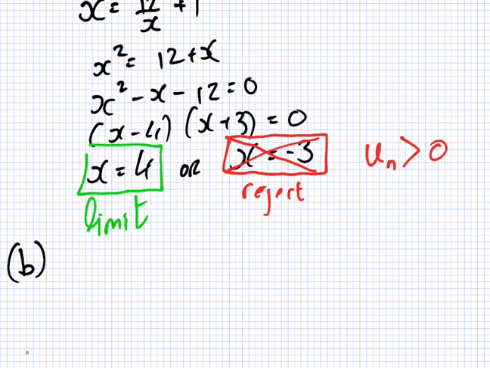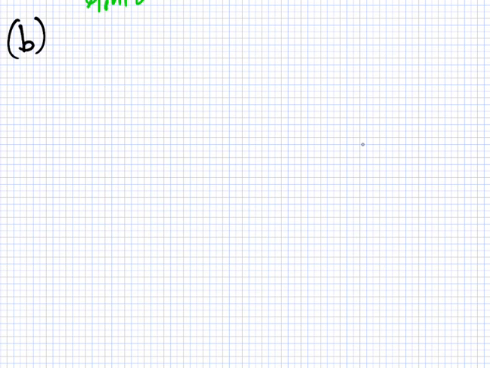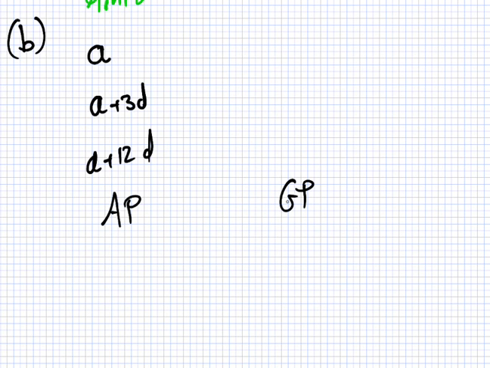So what they're saying here is, you have an arithmetic series. You have the first term, the 4th term, and the 13th term in the arithmetic series.